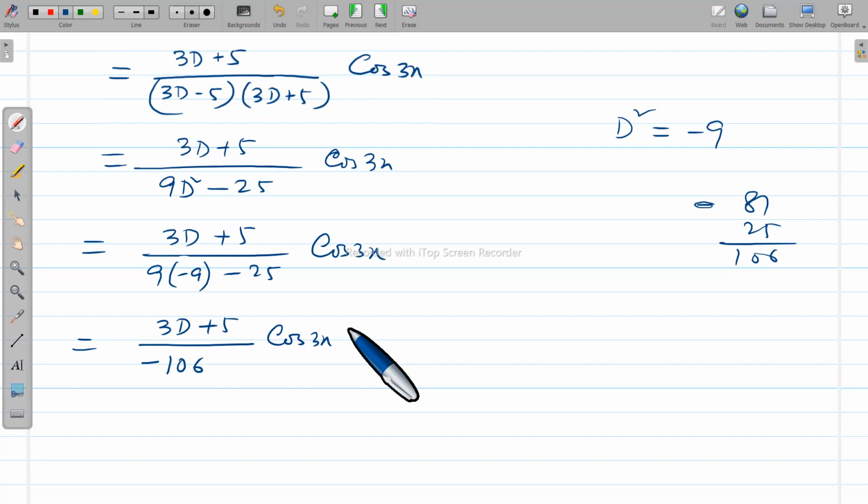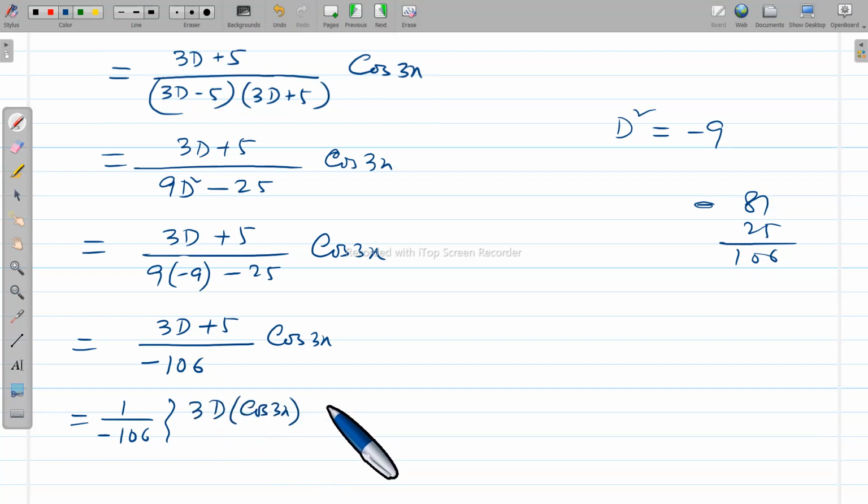Now you write down minus 106 into 3d of cos 3x plus 5 cos 3x. So d stands for, already you know what is the meaning of d. D is an operator, very good, and d stands for derivative.